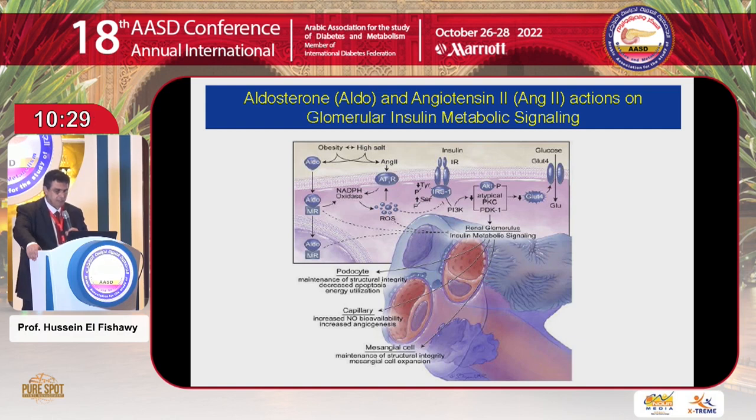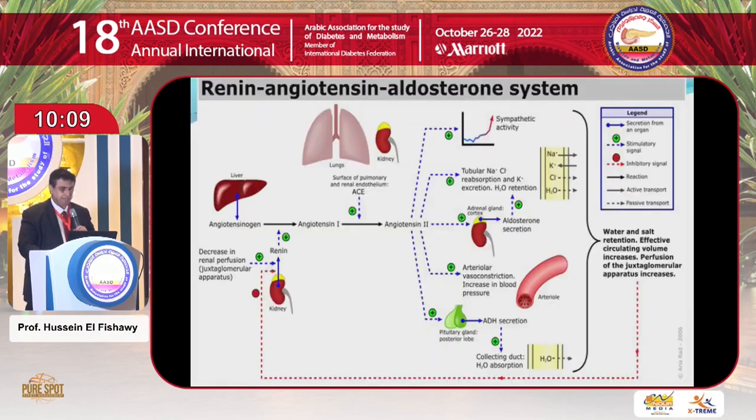For the mesangial cell, maintenance of structural integrity and of course limiting mesangial cell expansion. But here, the mineralocorticoids such as aldosterone and angiotensin II have a suppressive effect on this, what is known as insulin metabolic signaling, with the process, of course, of impaired insulin function and diabetes inside the kidney.